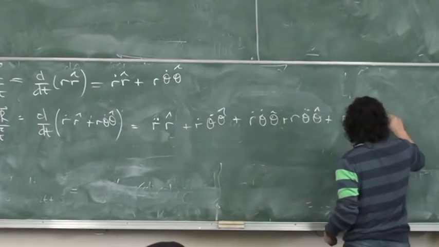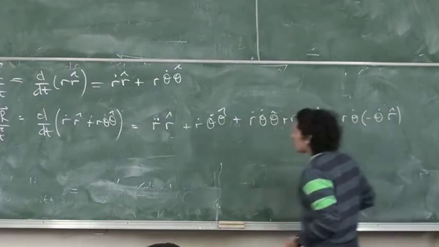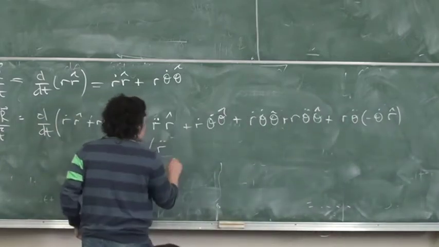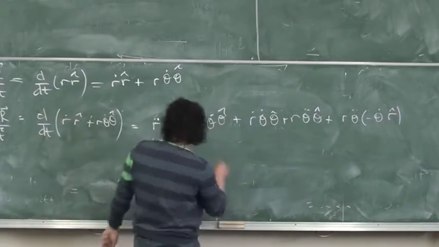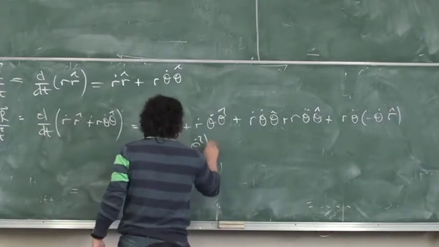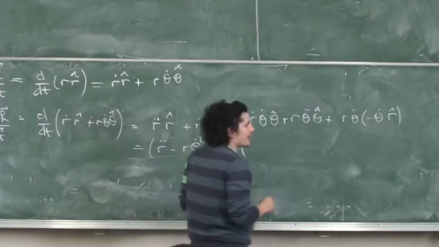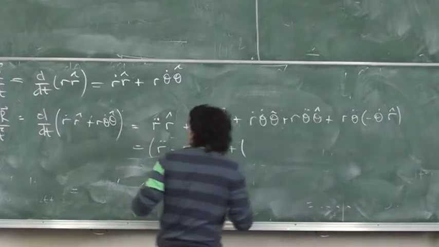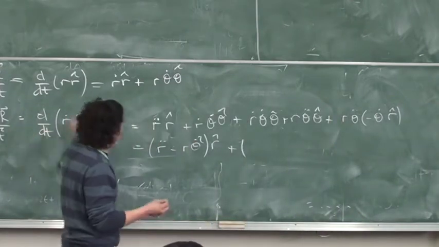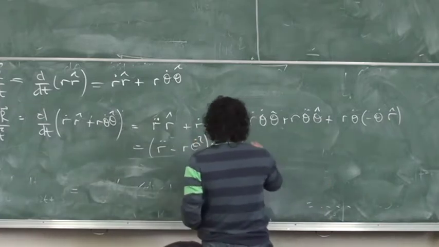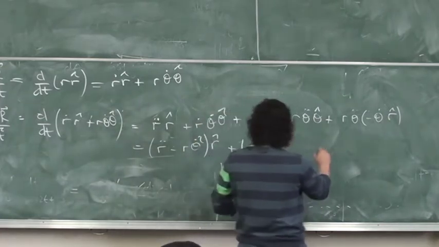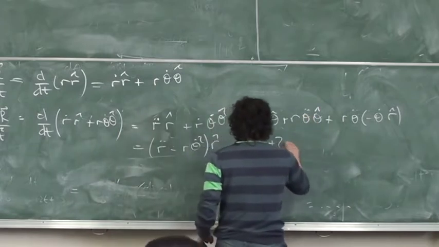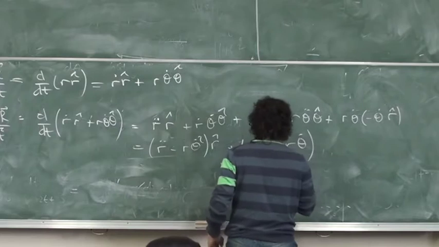minus theta dot R hat, which is equal to, let's group, R double dot minus R theta dot squared, R hat plus, and now we've got two of these and one of these, R theta double dot plus 2 R dot theta dot, theta hat.